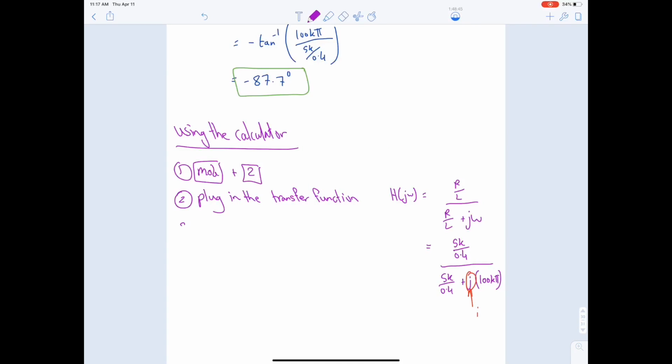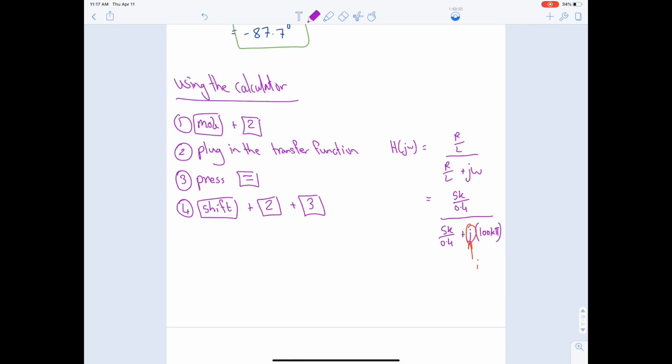Then after you plug in the equation, you press equal, then press shift with 2 and then 3. Now this will give you the result in the form of a number, then this angle symbol with another number.